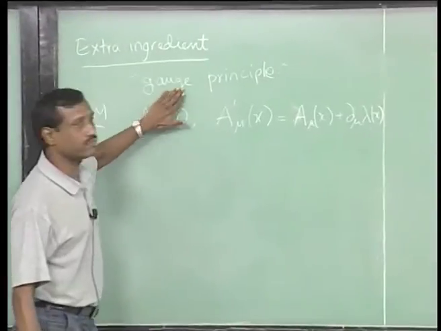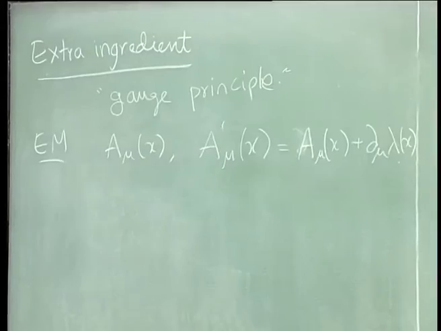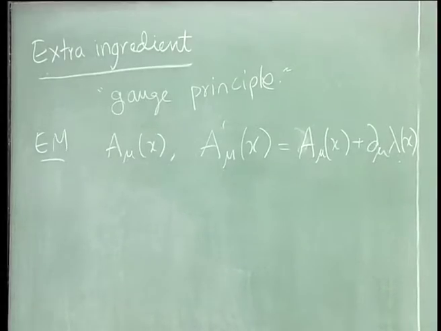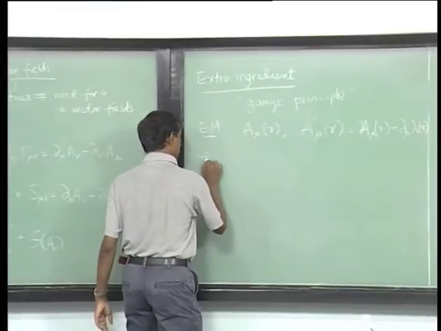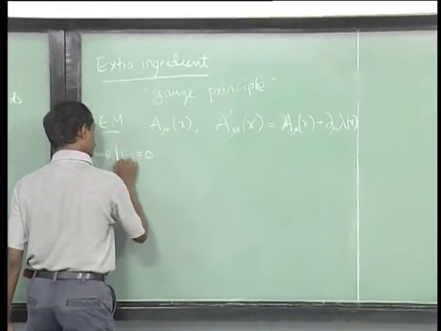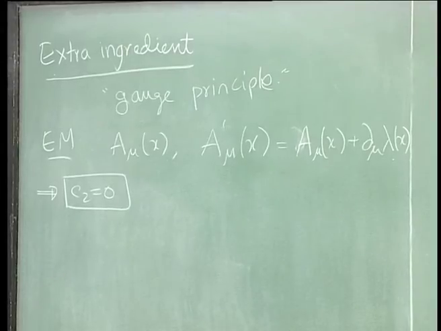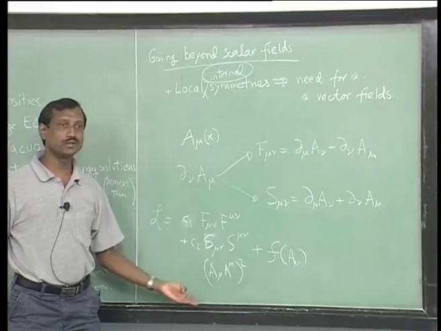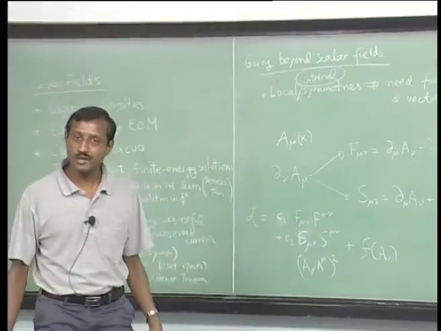So the idea is that we have to put in the gauge principle. What does the gauge principle do? First thing it does, it tells you C2 has to be 0. It implies that C2 should be 0. Okay, and it also says that there is a function like this, which is again obviously not gauge invariant, it is not invariant under local symmetry transformations or gauge invariance. I will keep using these two interchangeably.